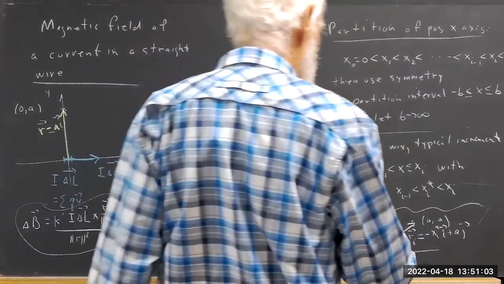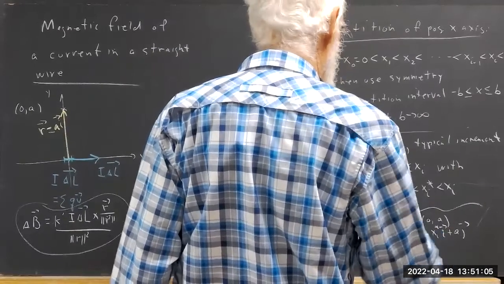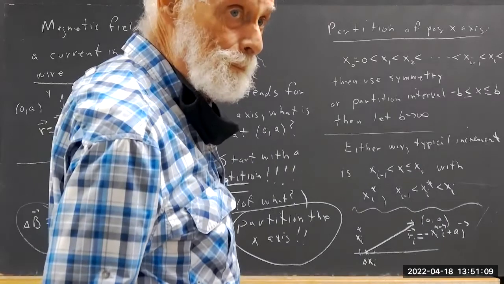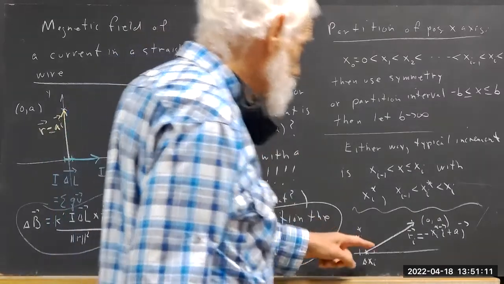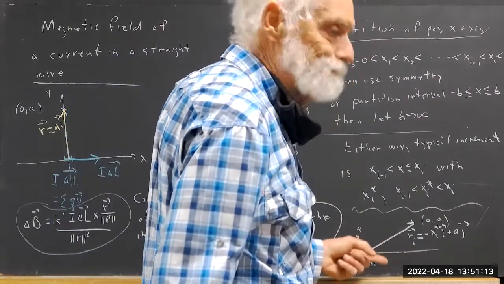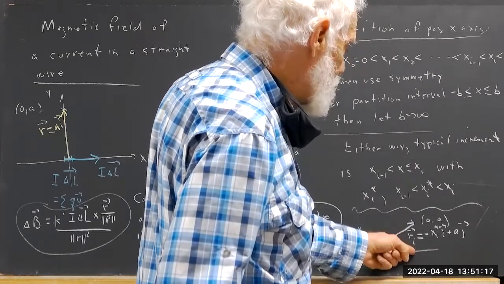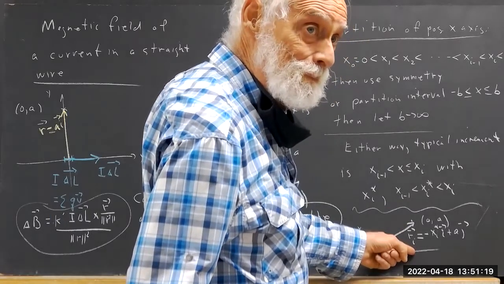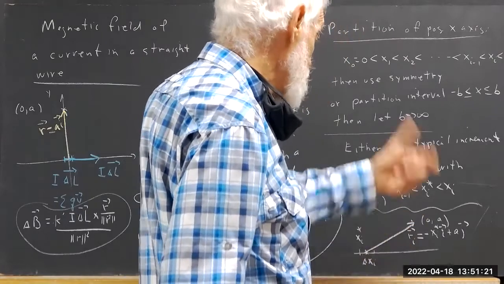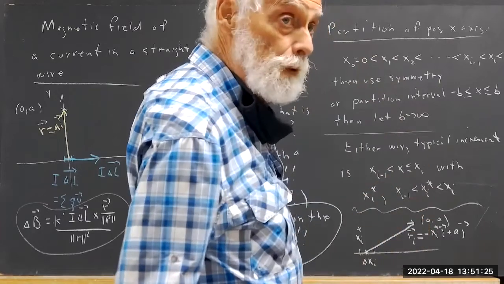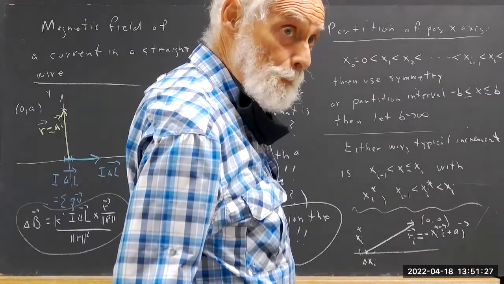In other words, from here to here is 0 minus xi star, right? So this vector, from here to the origin, is just negative xi star. And then the vector from here to here is aj. So there's your R vector.